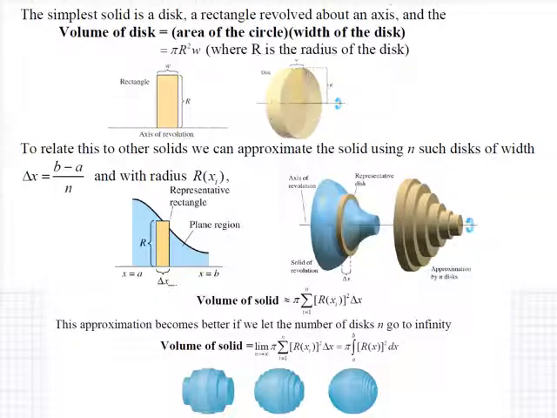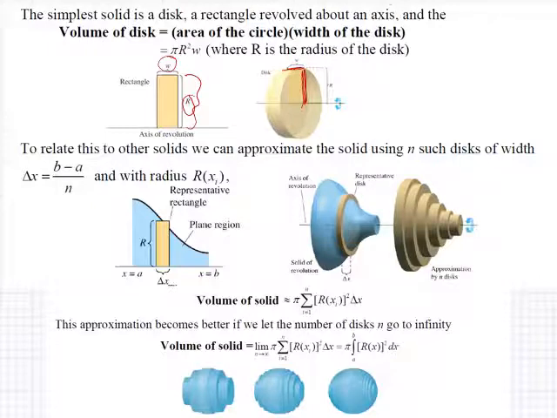Let me get rid of some of this. Now, how could we use the area of the rectangle to give us the volume of the disk? Well, the rectangle has two measurements. You have this height, which we'll call R, and you have the width, which we're going to call W. And in that case, for the disk, R is the radius of this disk, and width is the thickness of the disk.